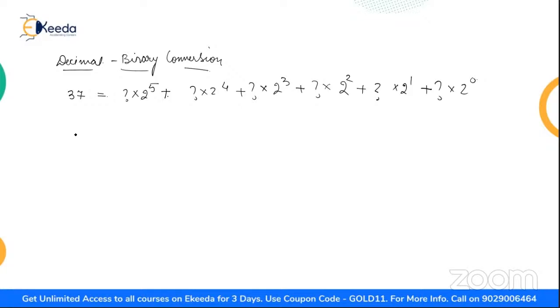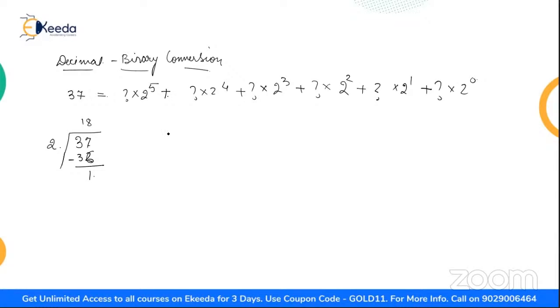So how to convert this? We got 37. When we divide it by 2, we get 18 as the quotient, since 2 times 18 is 36, and the remainder is 1.